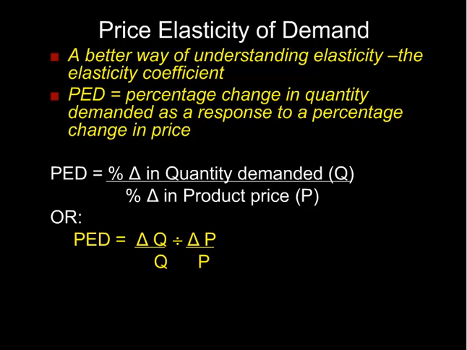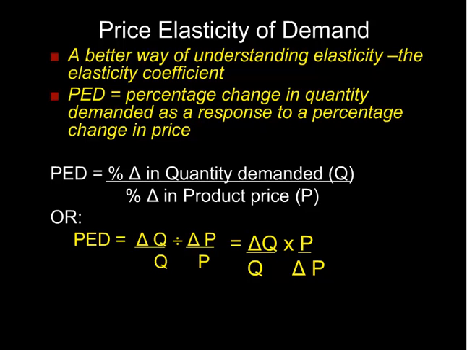Those of you with a knowledge of calculus will see that for very small changes we could change the small triangle to a dQ over Q divided by dP over P. But we can rearrange this formula, and that's what we're about to do in the next slide. Because the change in Q over Q divided by change in P over P is really just a fraction, we've inverted the denominator, the change in P over P, and multiplied it.